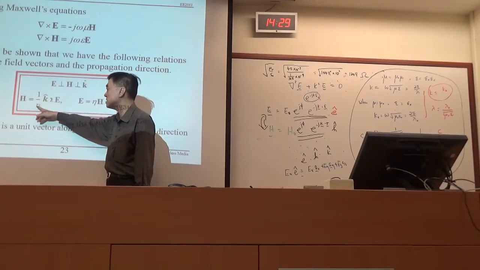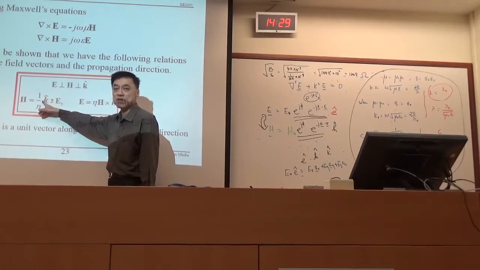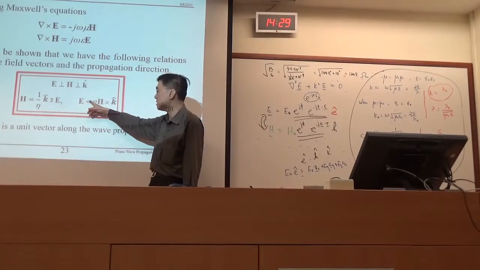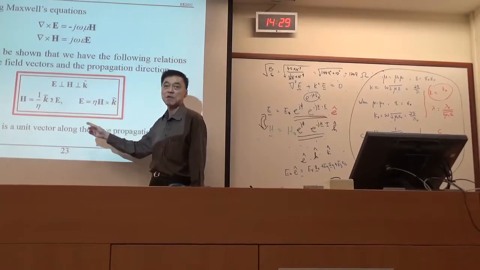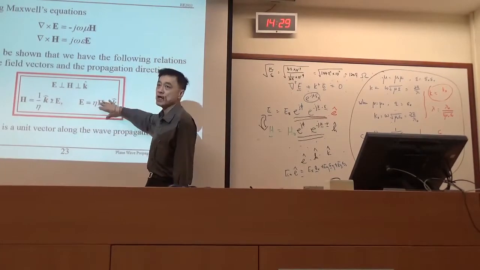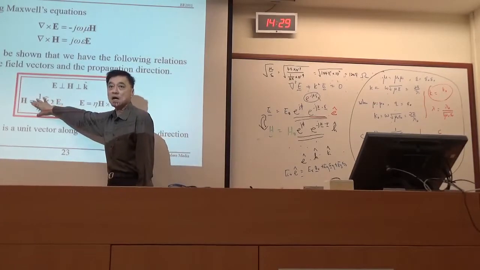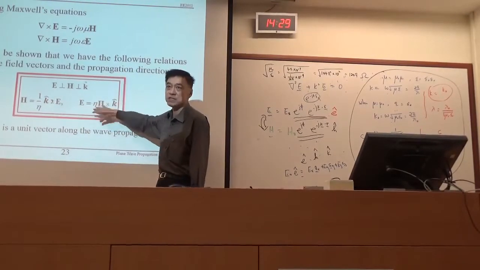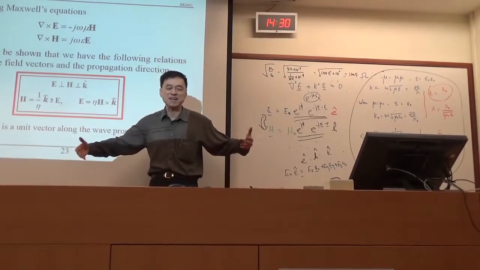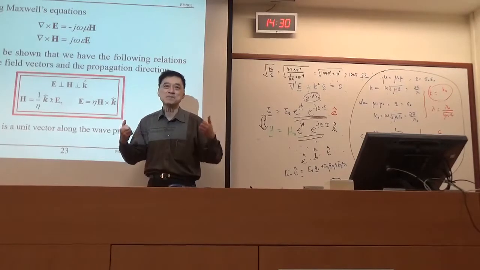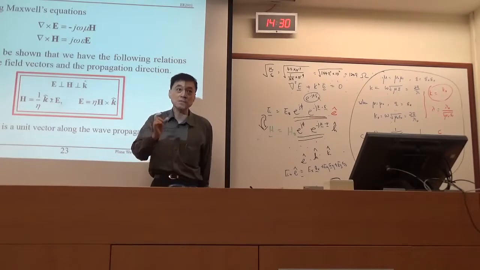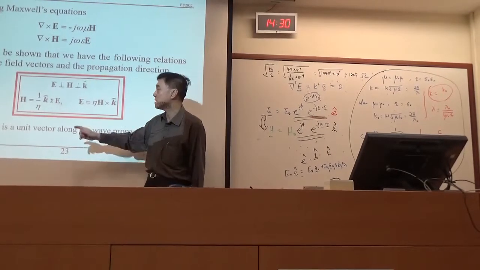H is equal to 1 over zeta times the unit vector of K, K cross E, and E is equal to zeta times H cross K. I advise that you keep these two equations also in your help sheet, just in case that during quiz or exam time you panic and cannot remember what I said. Never mind, apply the equations. But remember, when you apply the equation, you must apply it correctly.